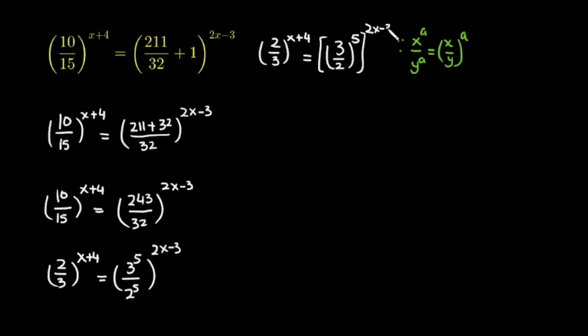2x minus 3. So in the next step, this is (2/3) raised to the power x plus 4 is equal to, on this side is 2 over 3 and on the right hand side there is 3 over 2.